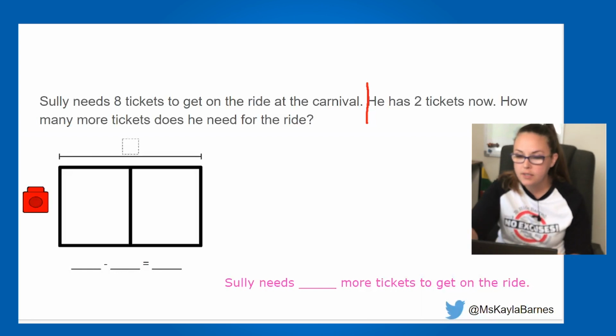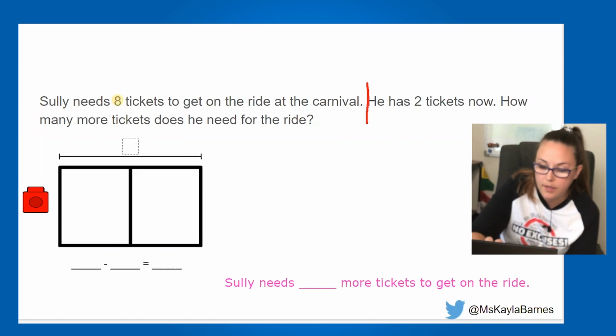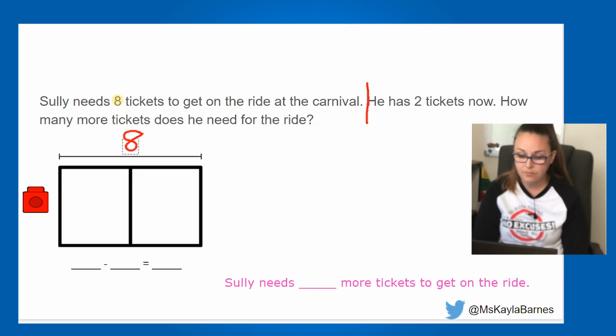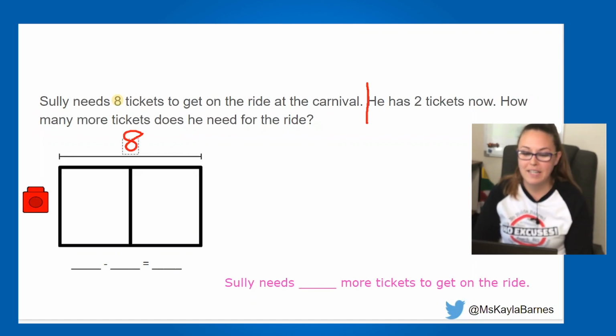So that number does represent the amount of tickets that he will need in order to get on the ride. So we're going to model that in our part-whole map by writing 8 at the top in the total box. My total box is really small, so my 8 doesn't fit into it, and that's okay.